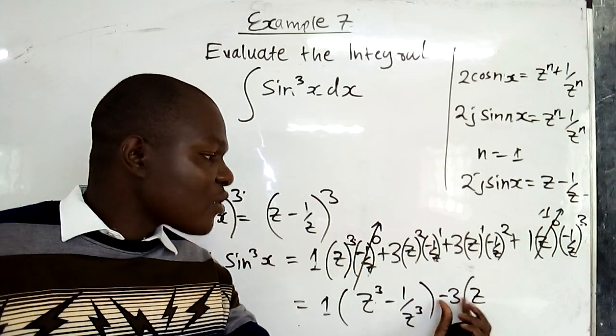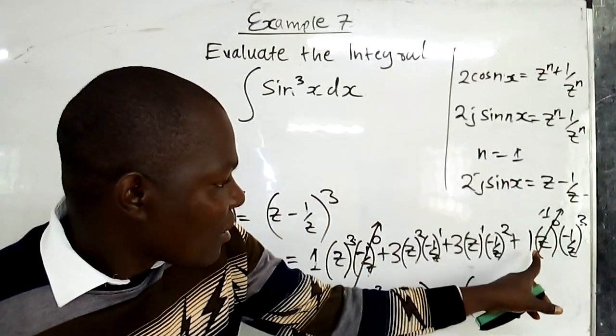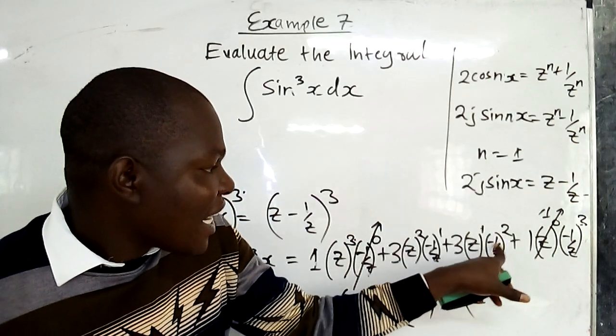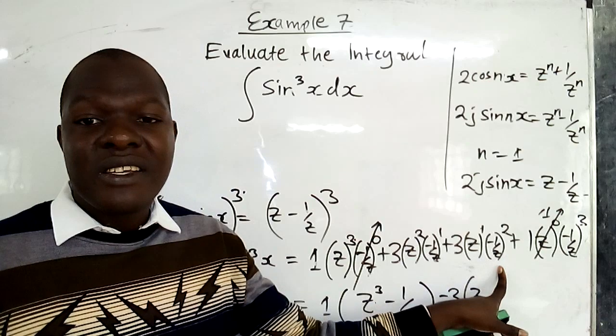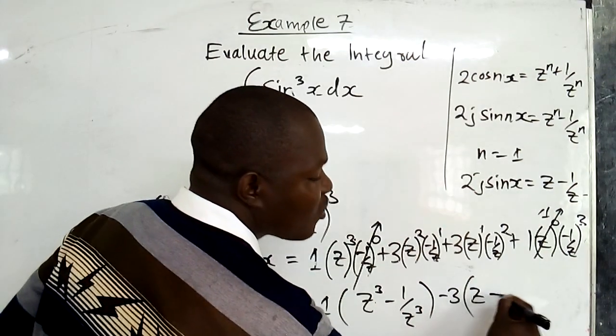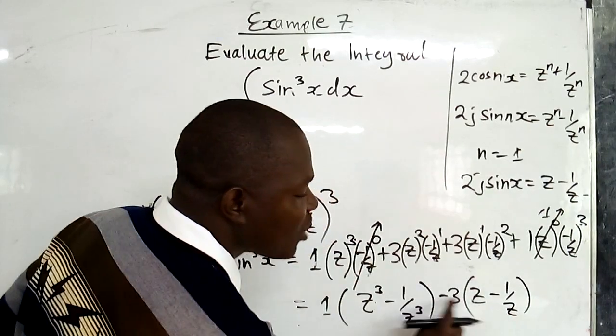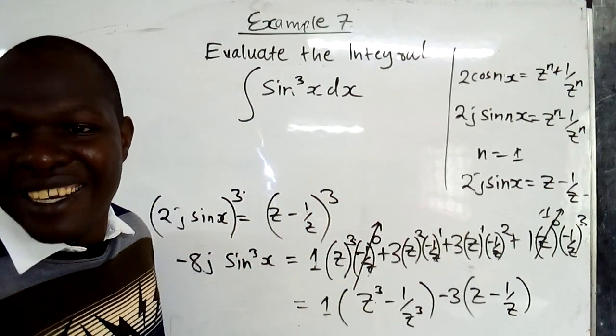So negative 3 is outside, you put z inside. Then here, negative squared is positive. This is 1 over z squared. So z divided by z squared is 1 over z. So you have positive 1 over z, so it will go back to negative 1 over z because negative takes you back to the positive. Are you seeing that?